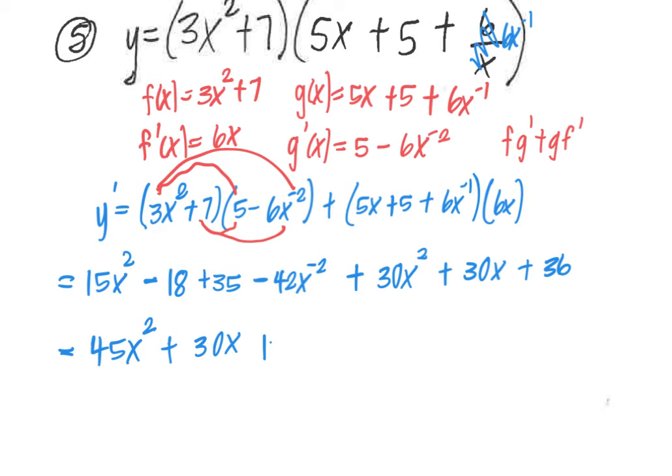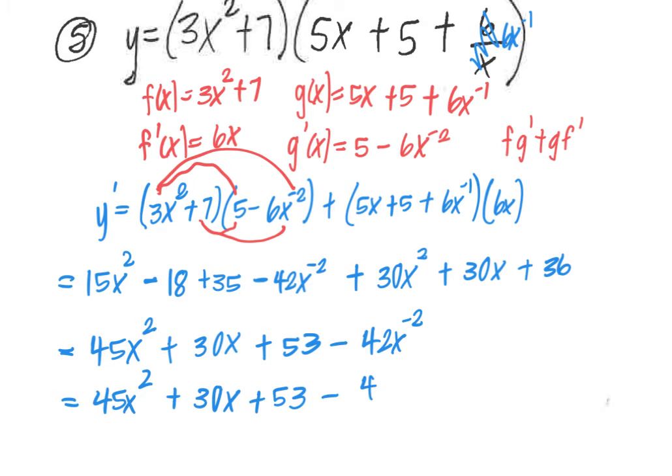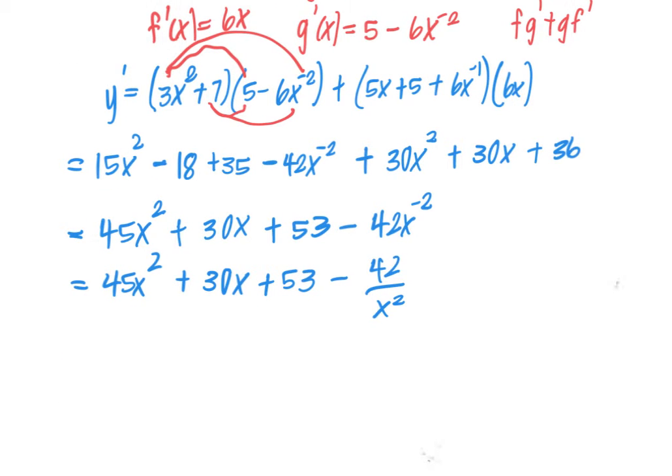Combining those like terms, that's a positive 53. And on the end, we got negative 42x to the negative 2, which looks better as 42 over x squared.